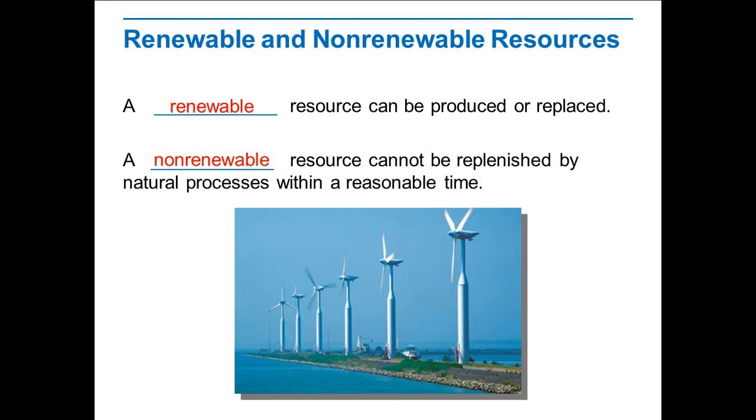If natural processes cannot replenish resources within a reasonable time, they are considered to be non-renewable resources. Fossil fuels such as coal, oil, and natural gas are non-renewable resources formed from buried organic materials over millions of years. When existing deposits are depleted, they are gone.